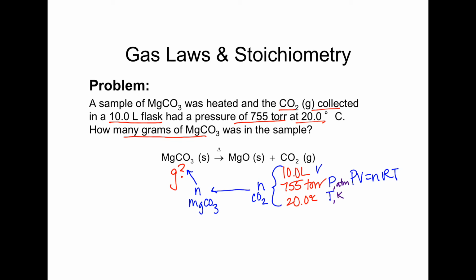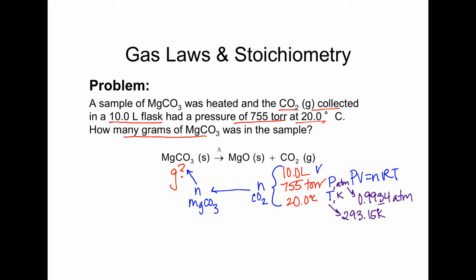When I converted my pressure to atmospheres, I got 0.9934 atmospheres to 3 sig figs, and my temperature, 273.15 added to 20 degrees is 293.15.